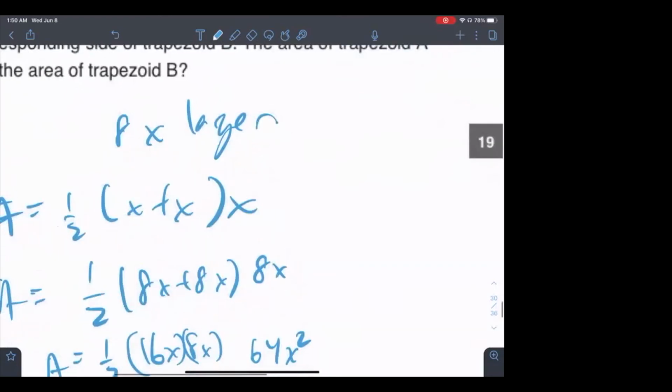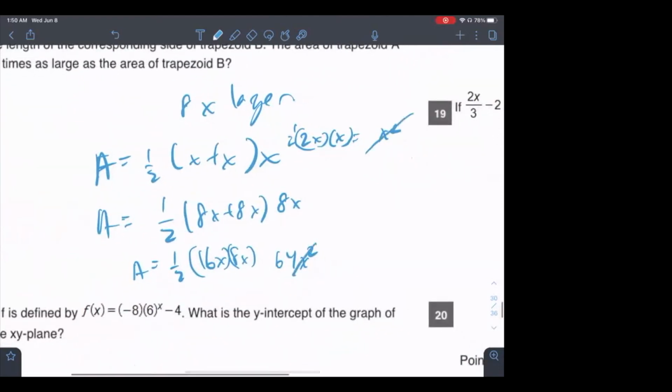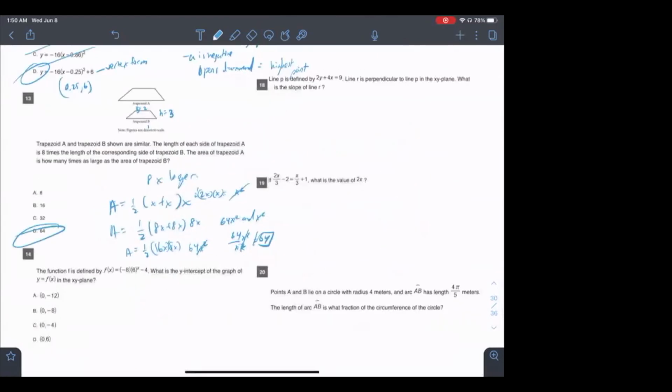Yeah, you would get 2x times x times 1/2. It would just be x squared. So if you just remove the x squareds, you just have 64 over 1, meaning that the difference would be 64. Choice D.